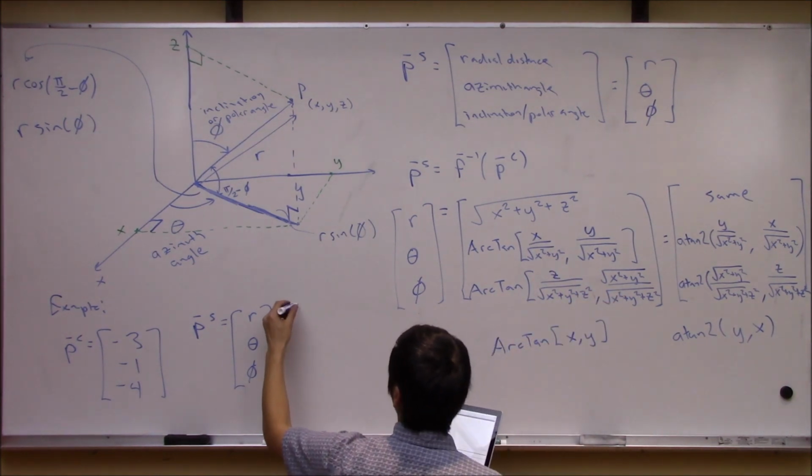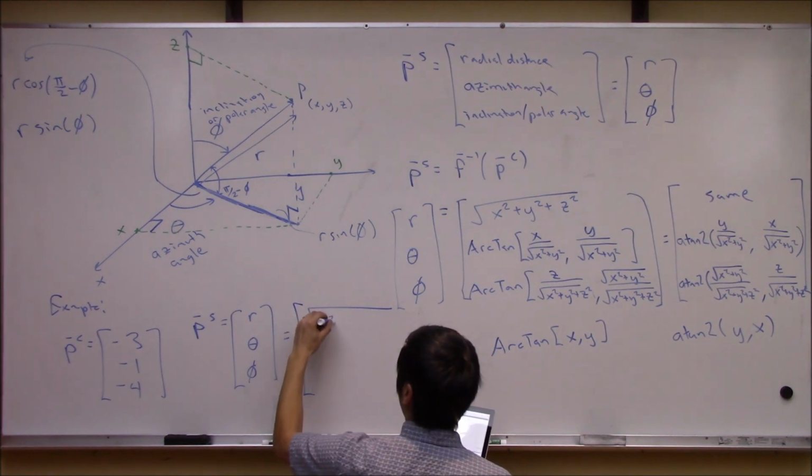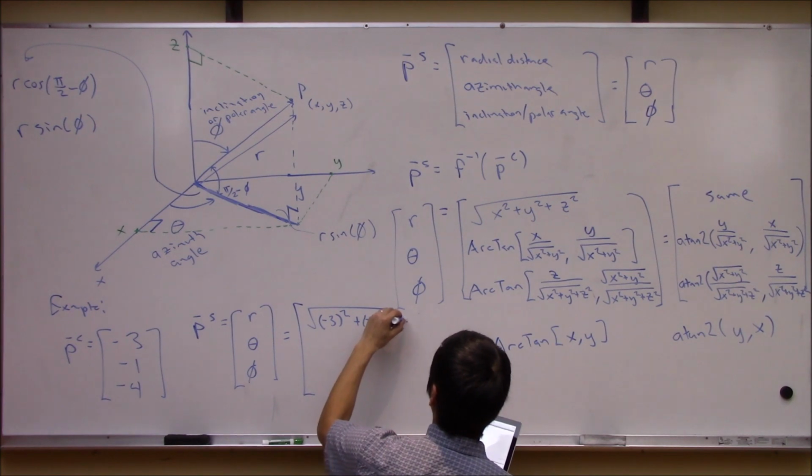The radius is just going to be the square root of -3 squared plus -1 squared plus -4 squared.